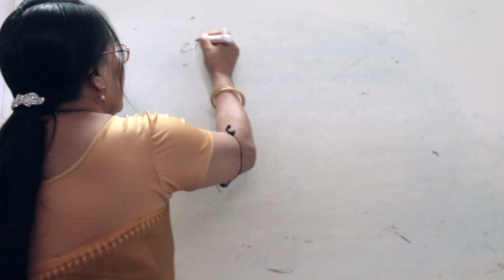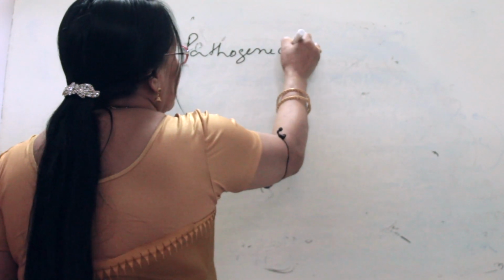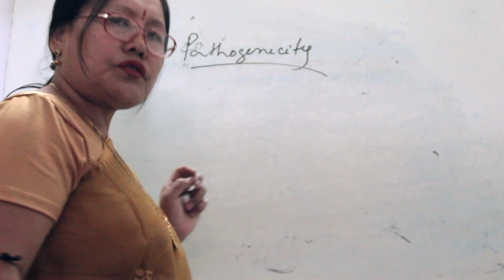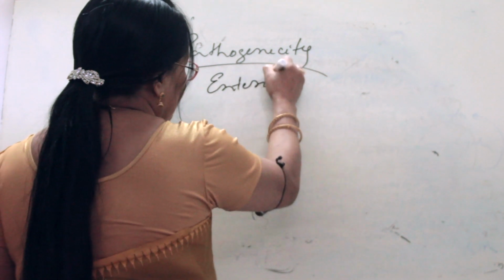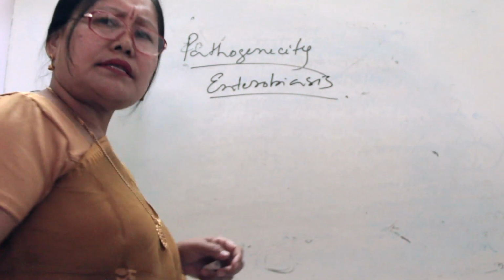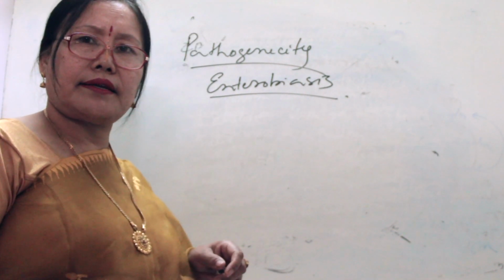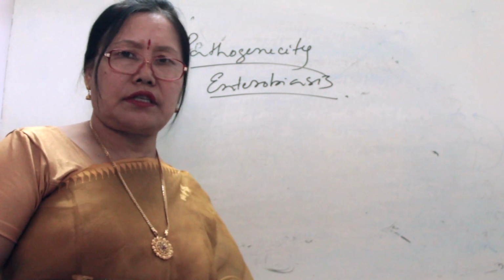Then what about the pathogenicity? It means the disease caused by this parasite. The disease caused by this parasite is known as enterobiasis. The main symptom is itching and irritation in the anal region, but in most cases there is no symptom.